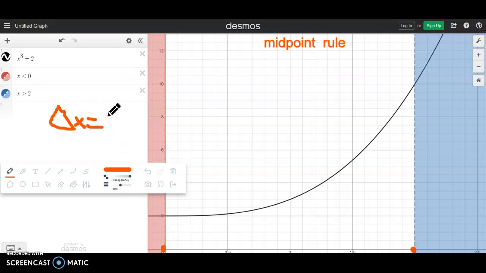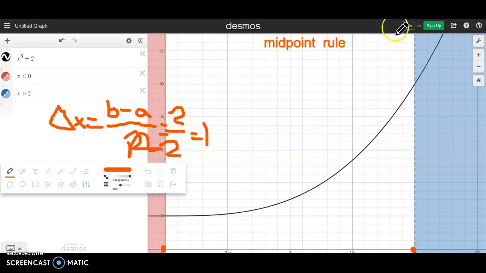That goes from B, which here is 2, minus A, your first endpoint, which is 0. So it's 2 over the number of rectangles, n, which is 2. That equals 1, so our delta x is 1.